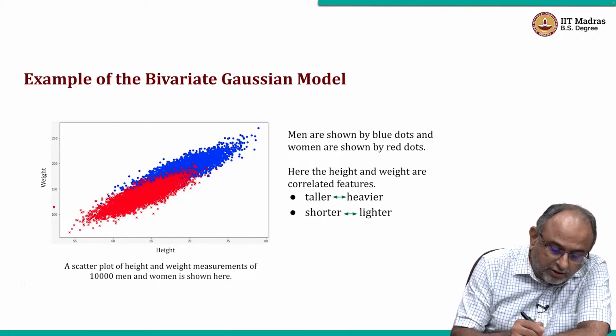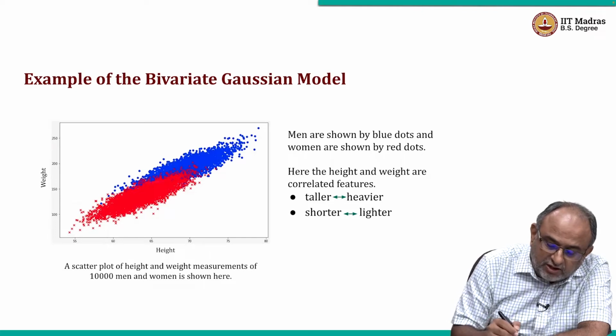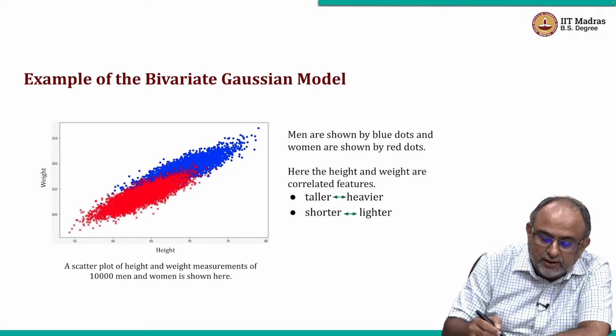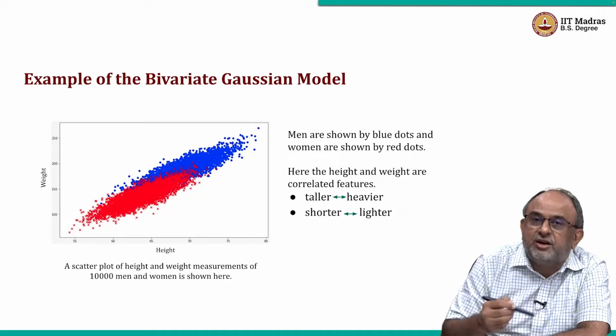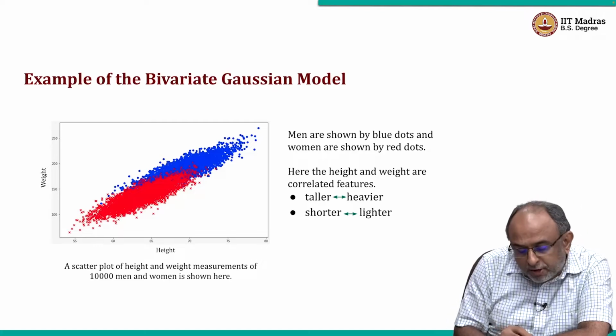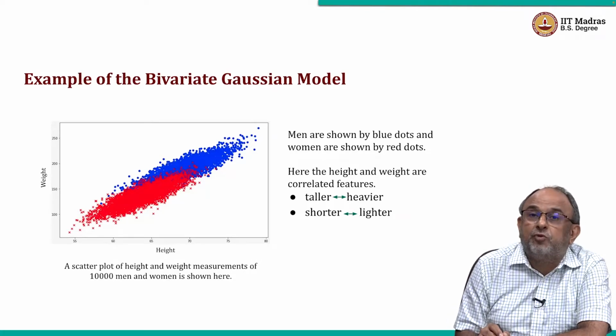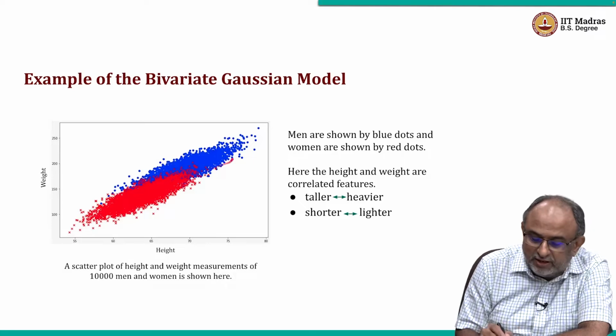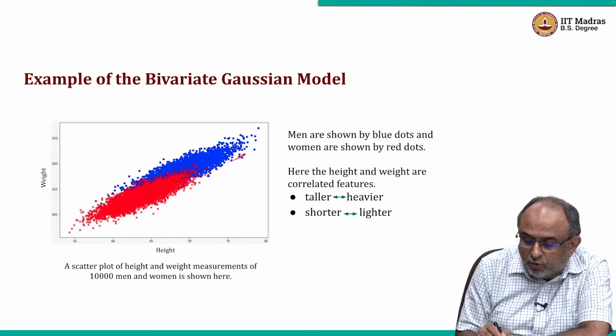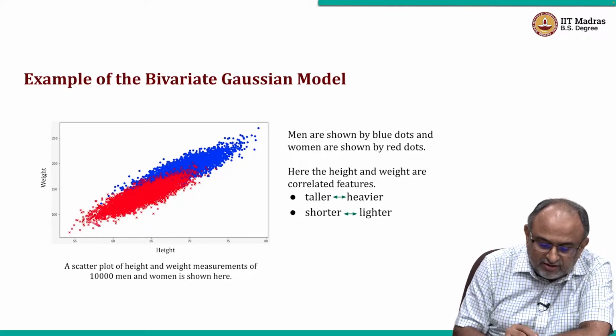Similarly, if you look on the y axis, you can see that the women are in the lower part, men are in the higher. Men generally tend to be heavier, right. And more importantly, if you look along this, men tend to be heavier and taller than women, right. That is what it is saying. This is more taller, more heavier. This is less taller, less heavier, right.